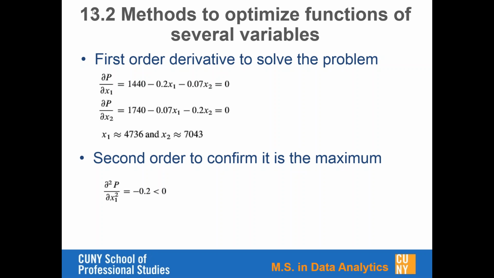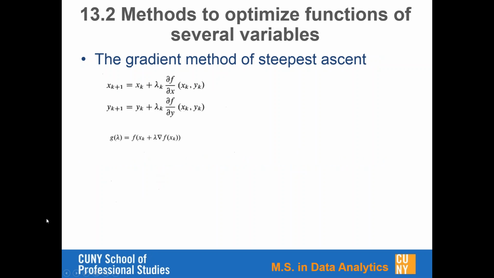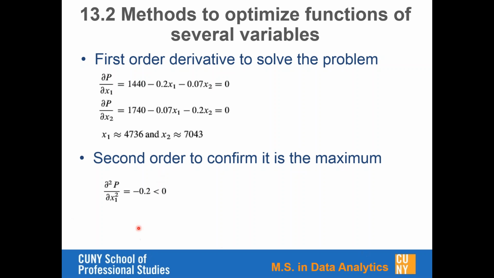And then for the second order derivative, we can check the sign to confirm whether it is a maximum. If it's larger than 0, then we know it would be a minimum for the whole problem.